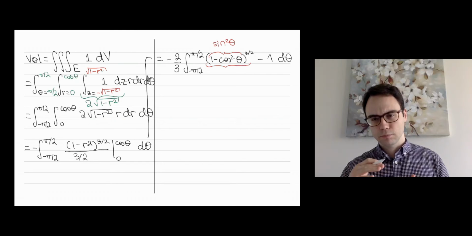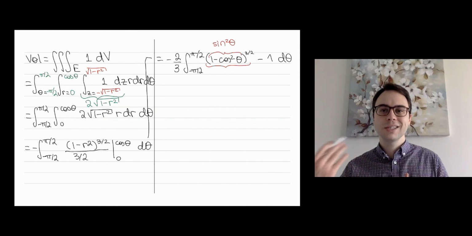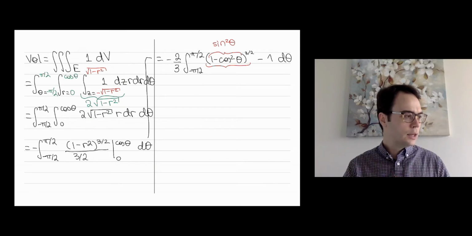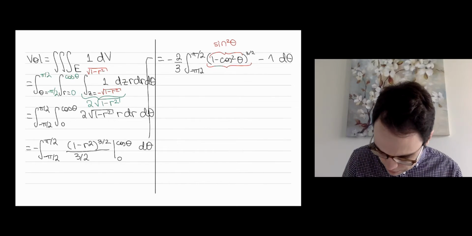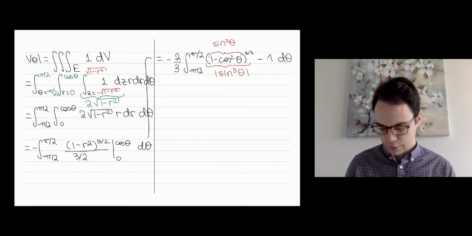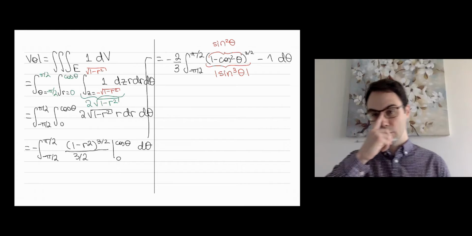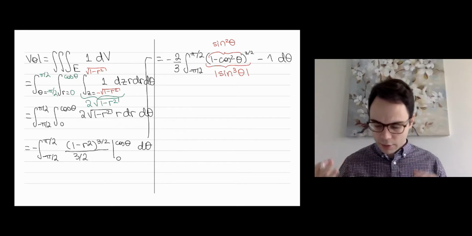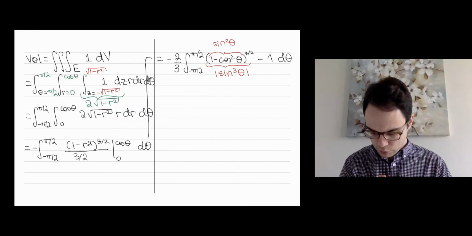So that's the square root of sine to the 6th power, and that's sine cubed. Except that I should observe that I'm taking the positive square root. So the positive square root of sine to the 6th power is the absolute value of sine cubed.